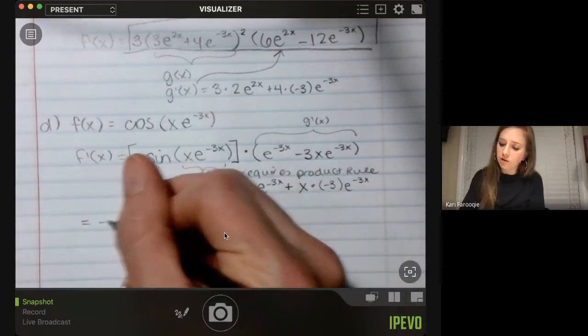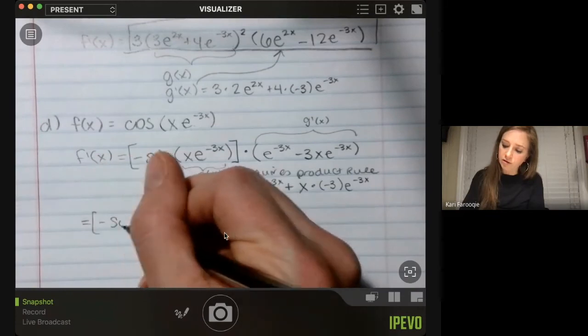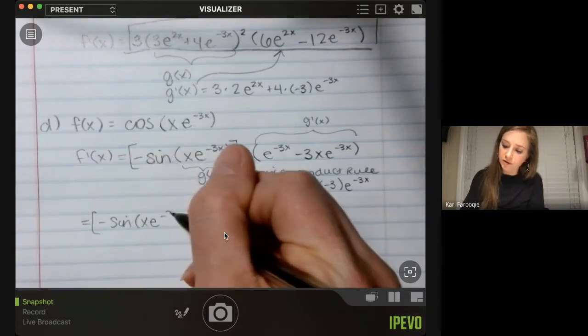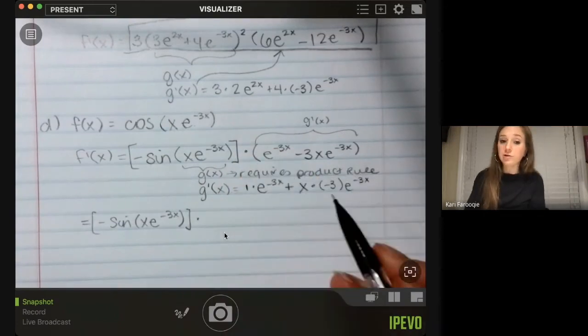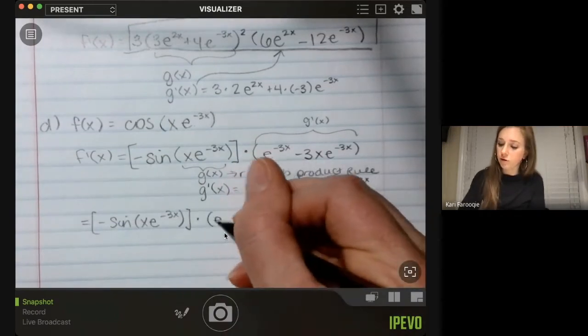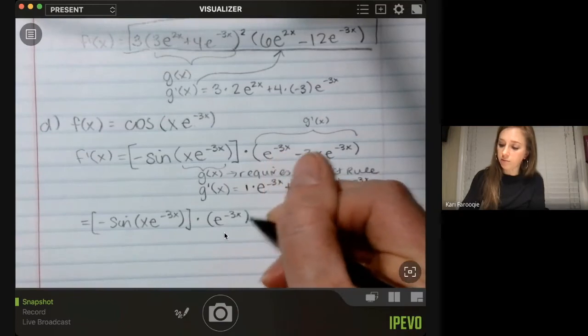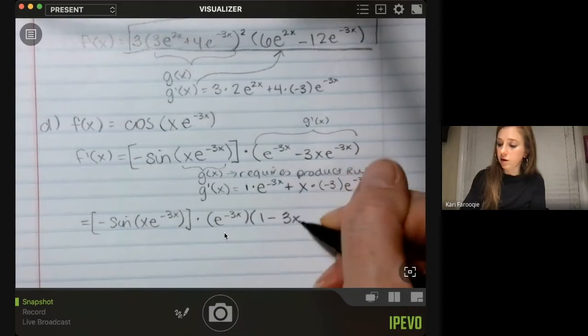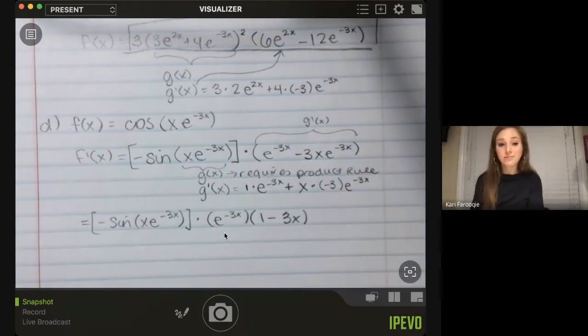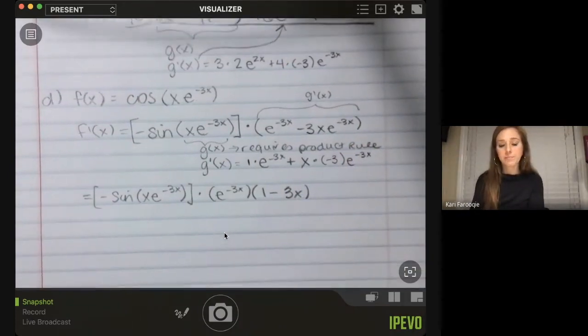Let's say you left this part alone. It's e to the negative 3x. And then you factor it out over here, e to the negative 3x. Well, that would leave you with 1 minus 3x. You could do that. There are a lot of different ways you could write this.